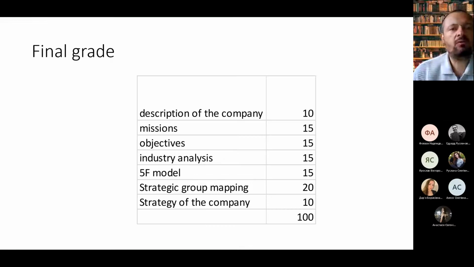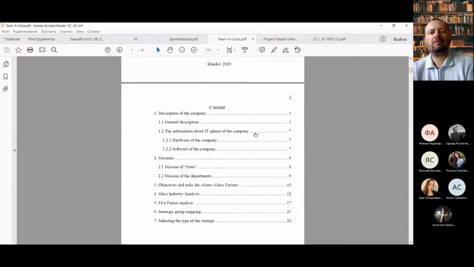And before you ask the questions, I also want to present you the examples of such a paper, and then you will ask all your questions, okay? Just a moment. I presented this example last time, but I'd like to repeat.